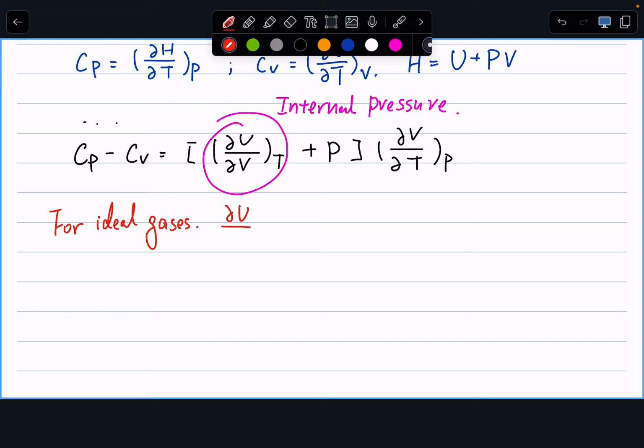So this term, du over dV at constant T, becomes 0. For ideal gases only. Again, now we're just moving on to the assumption that we're focusing on ideal gases. For ideal gases, the change of internal energy versus volume at constant T is 0. And at the same time, we have PV equals nRT. Now, do we have a means to solve all these partial derivatives? The answer is yes, we have enough information to solve for Cp minus Cv for ideal gases.